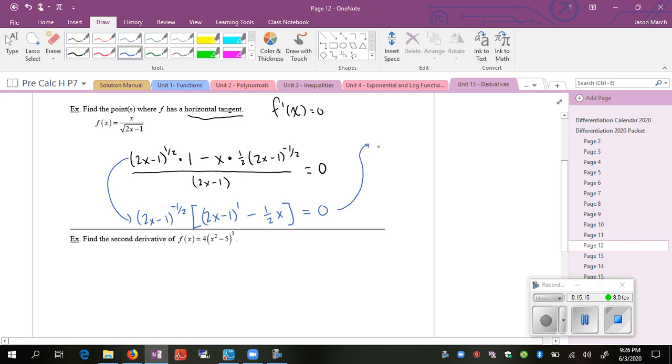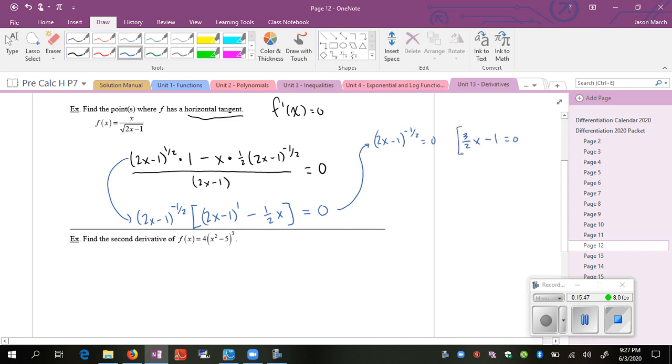So if we're going to solve this for x, we are going to find where 2x minus 1 to the negative half is equal to 0, and where the square brackets I have here is going to be equal to 0. So if I clean that up, 2x minus 1 minus a half x. When I combine my terms, 2x minus a half x is 3 halves x minus 1 is 0.